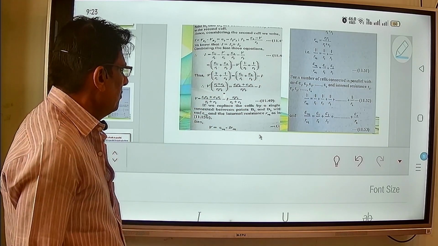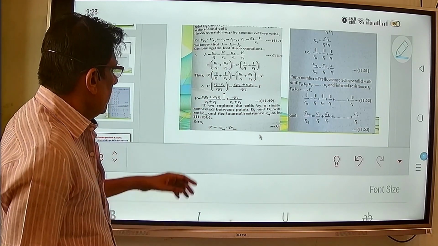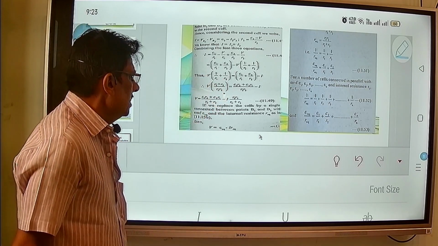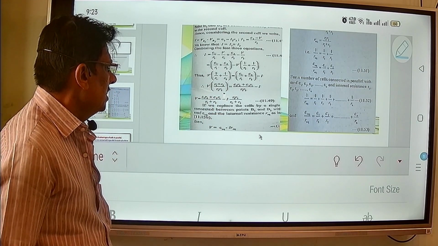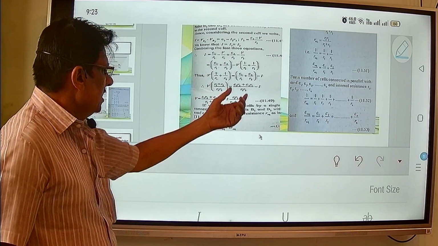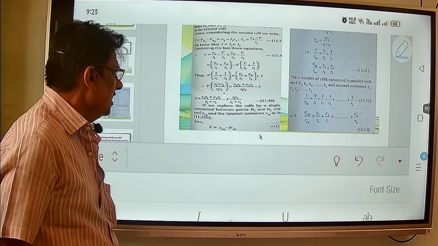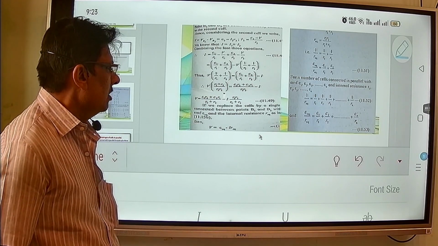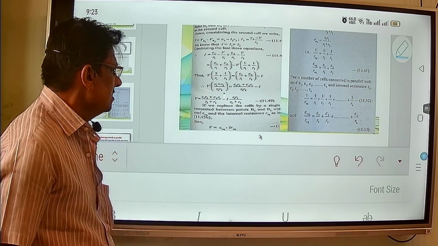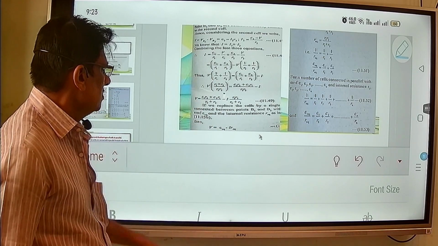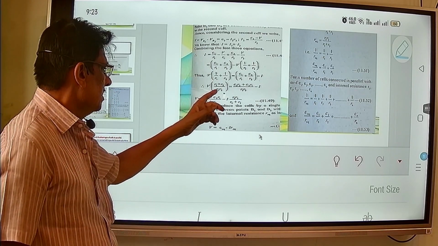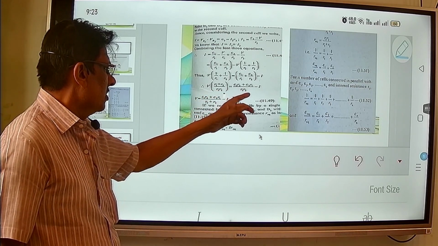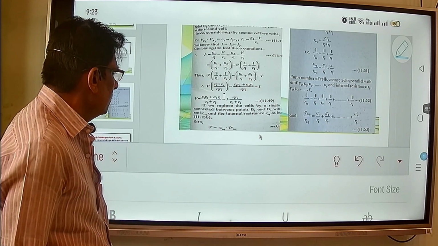This is the mathematical part, a simple part. Now, taking the LCM of the first bracket, we get V into (R1 plus R2) upon R1R2. Similarly, in the second bracket, taking the LCM, we get (E1R2 plus E2R1) upon R1R2 minus I. Now, on the left side there is an R1R2 product, and the right side also has R1R2, but the last term does not contain it.